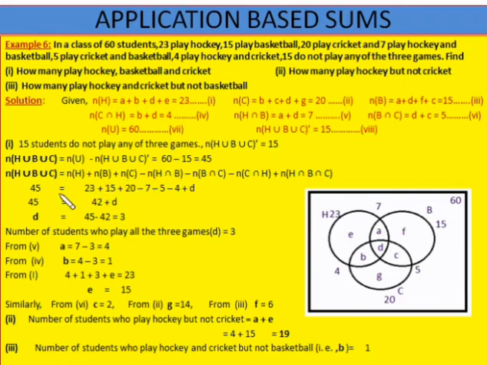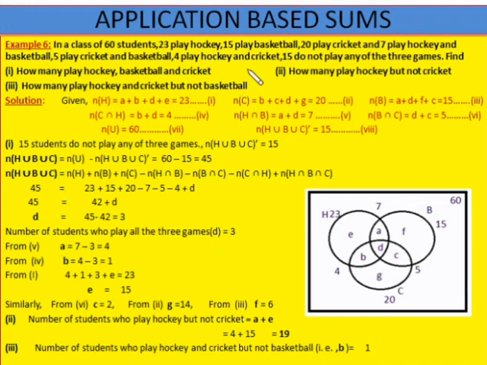Now the next thing is that we get the union of it. How do we find it? We find this common part. We know n(H), n(B), n(C) we have, its intersections also we have. In this way we get this value. We put all these values and now find D is equal to 3. Number of students who play all the 3 games is equal to 3.